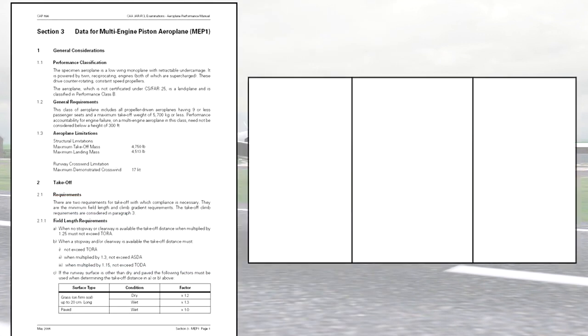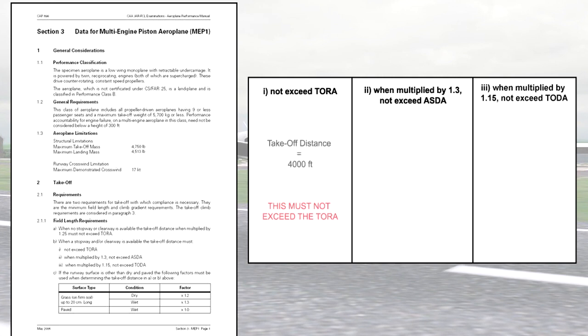We will assume a takeoff distance of 4,000 feet. The first regulation tells us that the takeoff distance of 4,000 feet must not exceed the takeoff run available. Therefore, the pilot must ensure that the runway, or more correctly the takeoff run available, is at least 4,000 feet long.